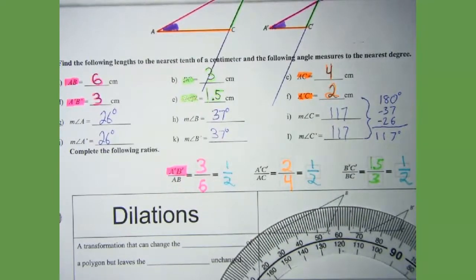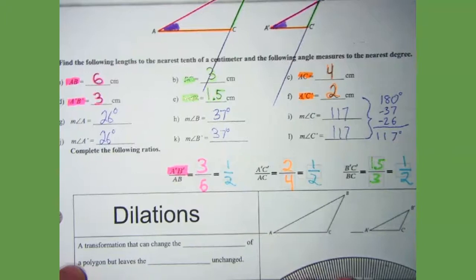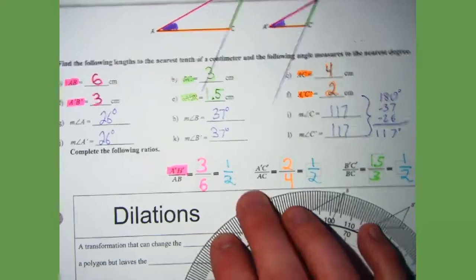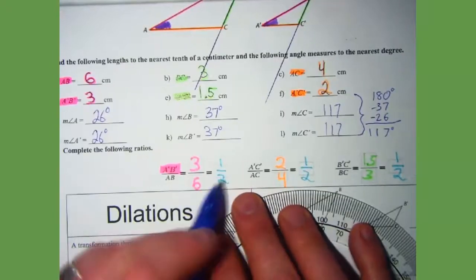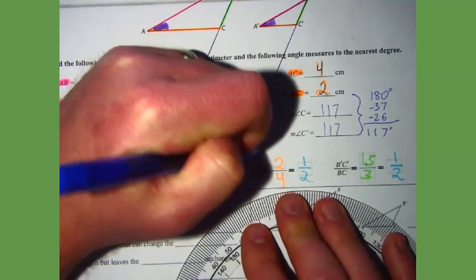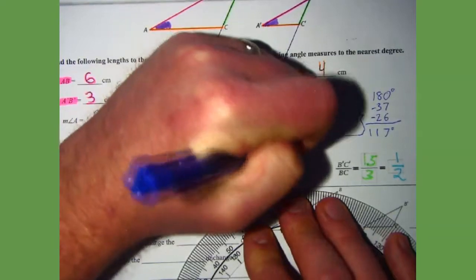So those are the two conditions that must be true. Angles must be the same, whether we're using a protractor or solving it with algebra. And the sides need to have the same scale factor. So for it to be similar, these blue scale factors, as we call them, must be the same.